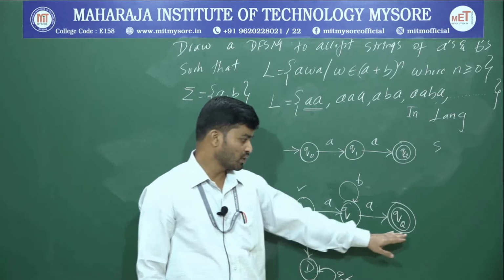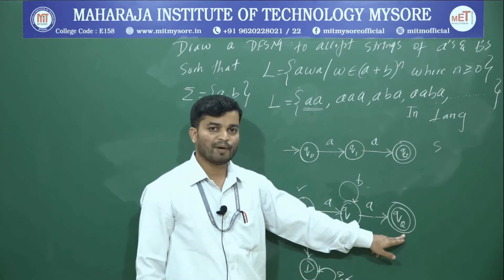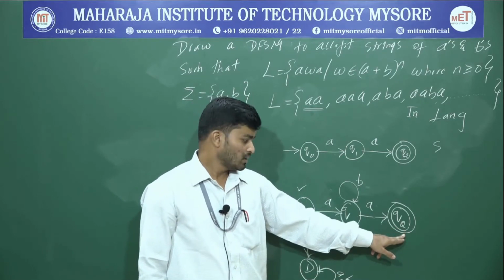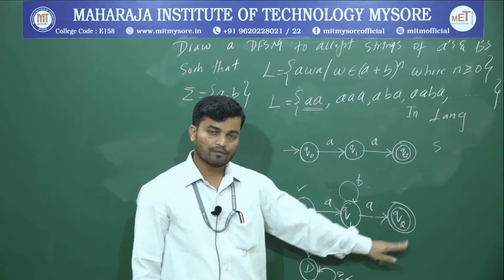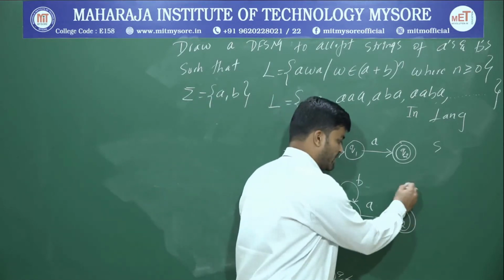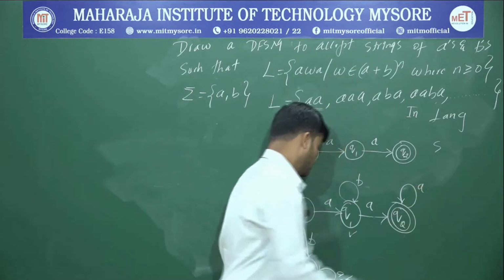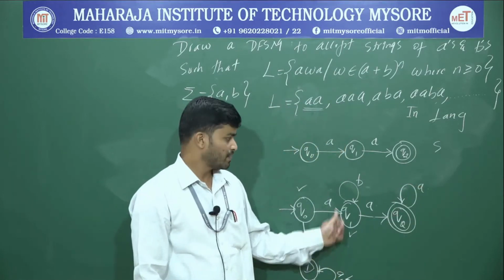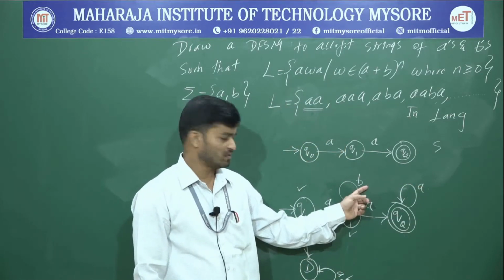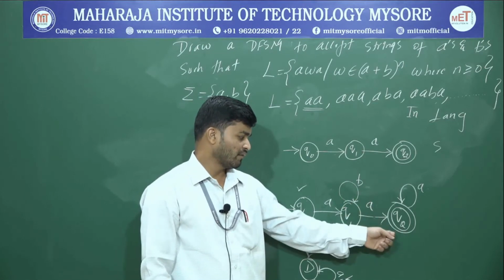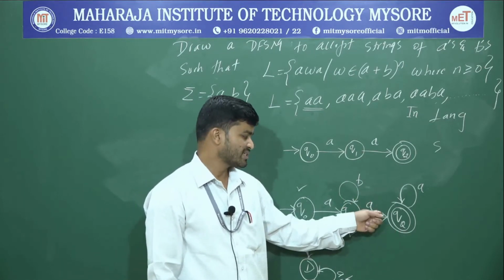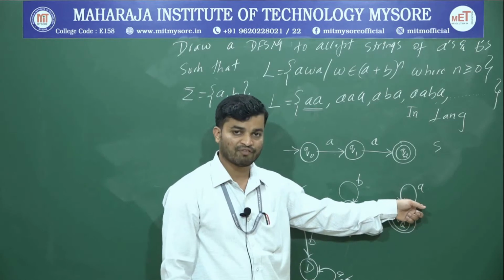Okay. Now go to Q2. There is no path for A as well as B. So first you go with A. What is the first option? Loop. So I'll write loop upon A. Just check: 1 A, 1 B, or n number of B's. Then it will reach the final state upon accepting A, then it will accept n number of A's.